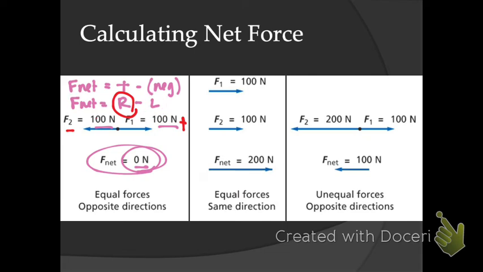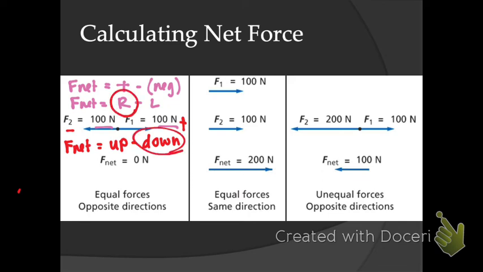I can do the same thing for up and down as well. If I was talking about my net force in the vertical direction, I would take upward forces minus downward forces. All I'm doing is taking my positives and subtracting out my negatives. What I cannot do is mix and match horizontal and vertical. I could not take a rightward force minus a downward force.